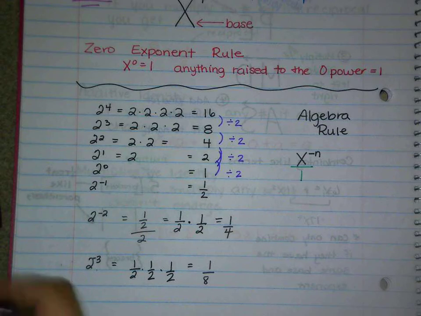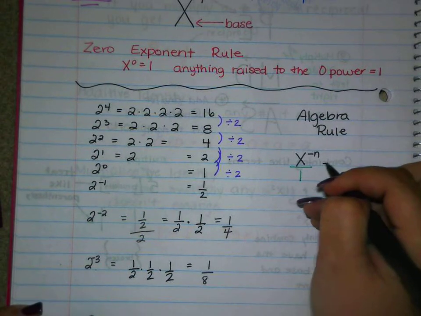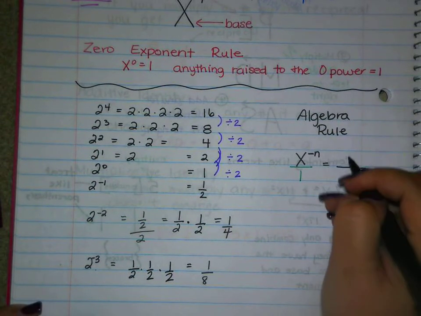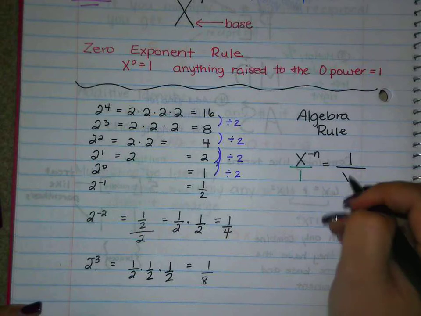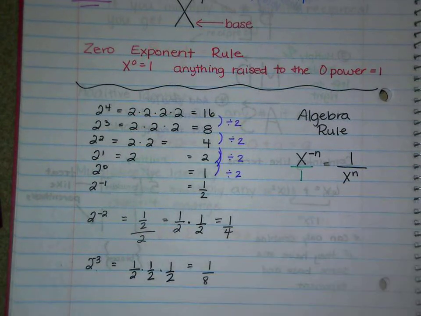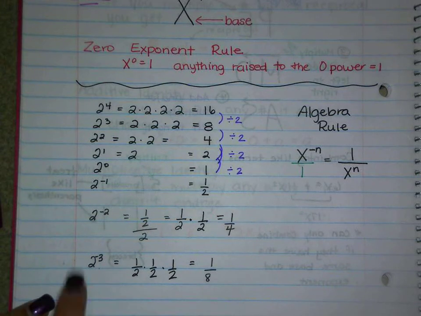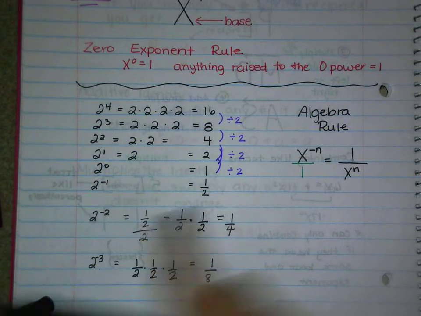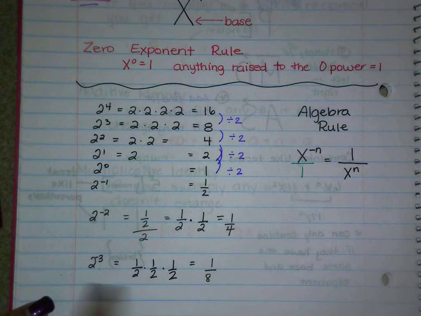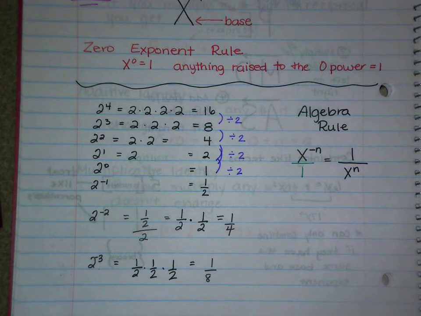So we're just going to flip the base and the exponent into the denominator. And we're going to put the 1 on top. Basically, we're going to make it a reciprocal. But this makes it a positive exponent. Because you can see when we did all of these, as we went down, basically we just flipped the thing into the exponent, right? That's how it became a -1.